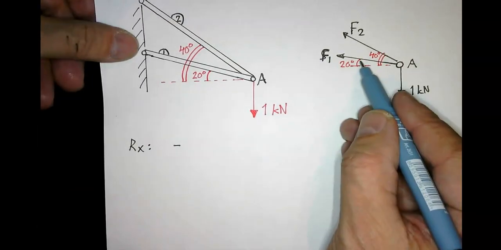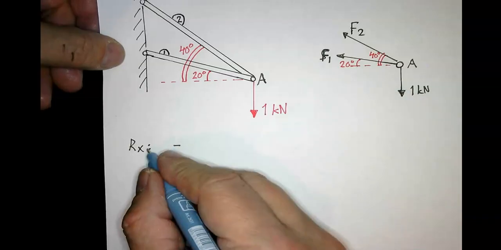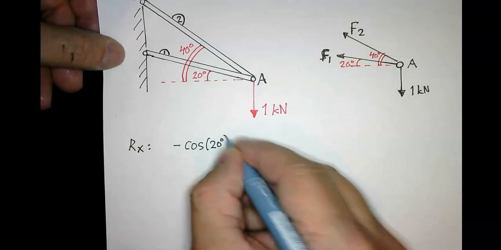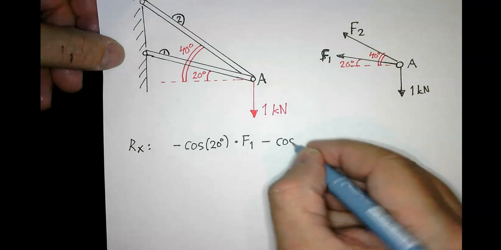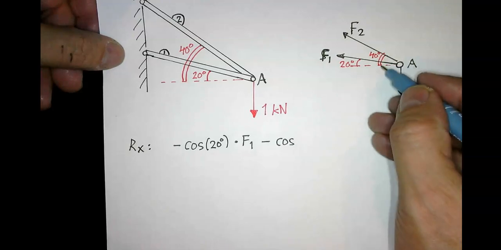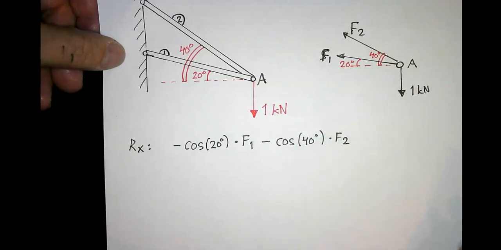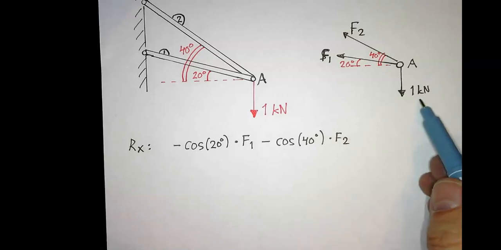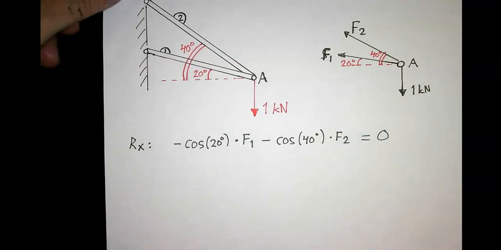So the force 1 has an angle of 20 degrees, so in this x component I use cosine 20 times F1, and minus cosine 40 times F2, since F2 has an angle of 40 degrees. And then there are no other forces which have components in the x direction. This 1 kilonewton is pointing downwards, so it has no x component. So I get 0 here.